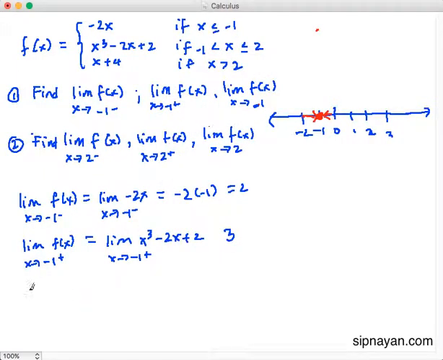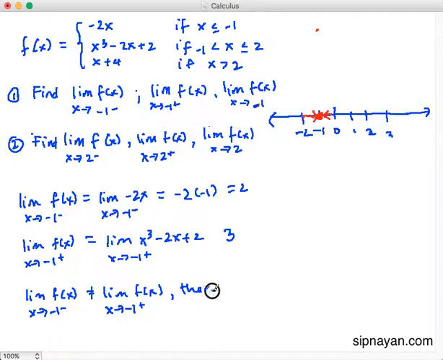What about this one? Hindi pareho yung left hand at right hand limit niya, no? So, wala siyang limit. The limit does not exist. So, for a limit to exist at negative 1, the left hand limit and the right hand limit must be equal. So, the limit of f of x as x approaches negative 1 from the left is not equal to the limit of f of x as x approaches negative 1 from the right.